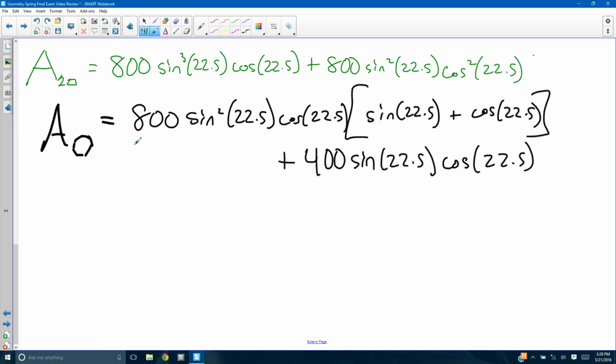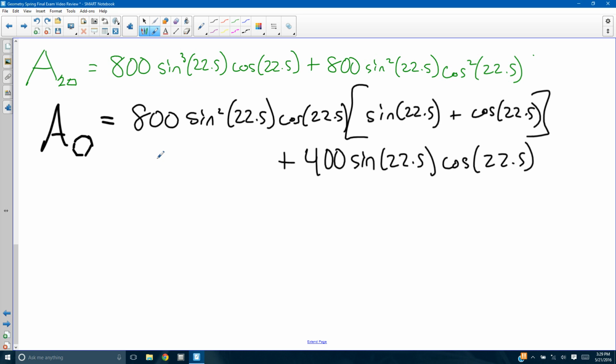Okay. All right, so I'm going to go ahead and add all this together. I know there's more I could factor out here, but I'm going to avoid doing that. Let's see if I'm even close to what I got here. 800 sine 22.5 quantity squared times cosine of 22.5 times sine of 22.5 plus cosine of 22.5, close parentheses, plus 400 sine of 22.5 cosine of 22.5.